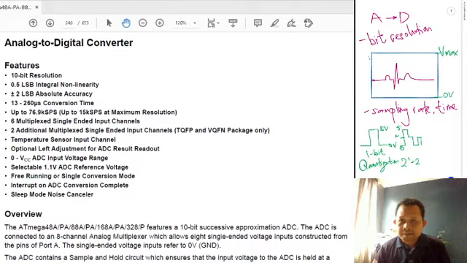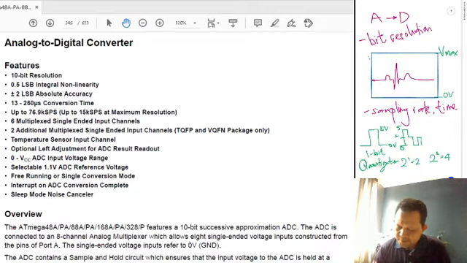If you have 2 bits, then the quantization levels would be 2 to the power of 2, which is 4. Okay, let's say for example, how do we draw this?